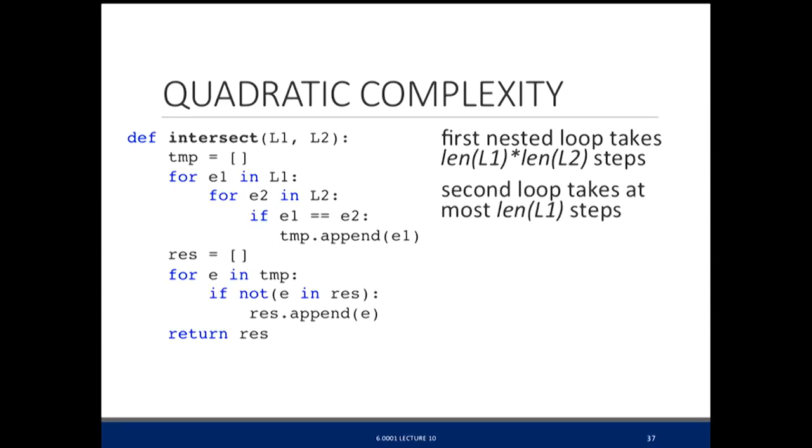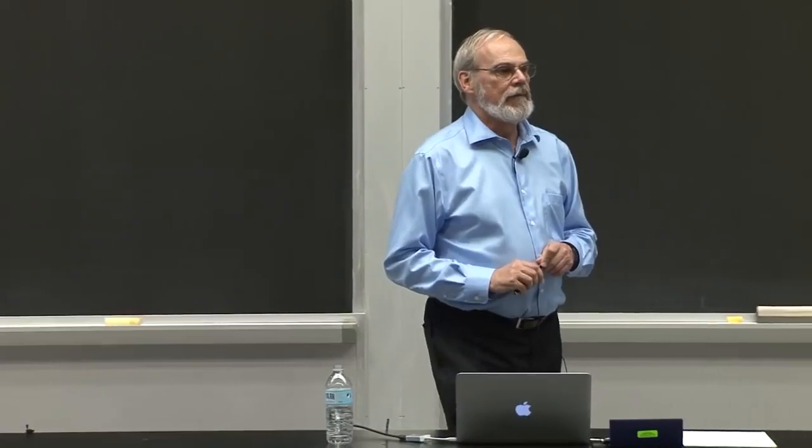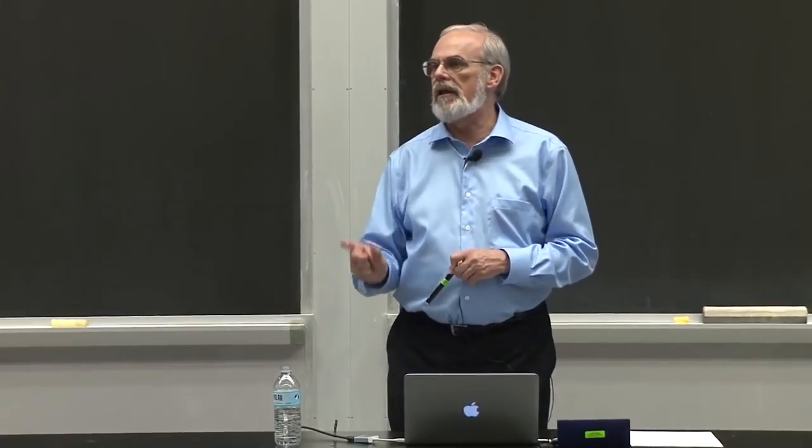What about the second loop? Well, this one is a little more subtle. I'm only looping over temp, which is at most going to be length L1 long. But I'm checking to see is that element in a list. And it depends on the implementation, but typically that's going to take up to the length of the list to do it.